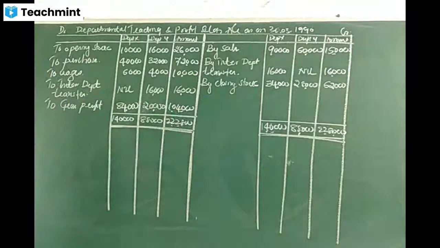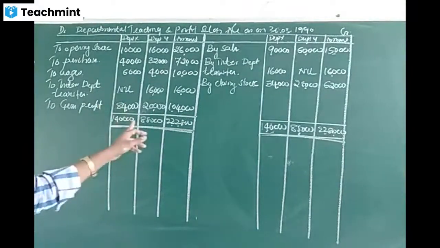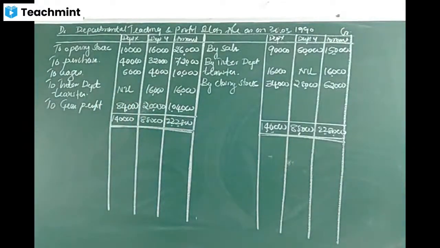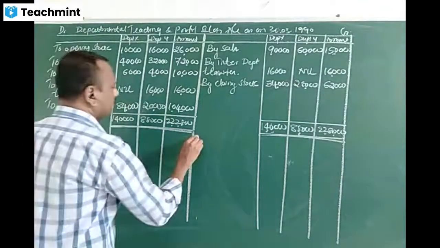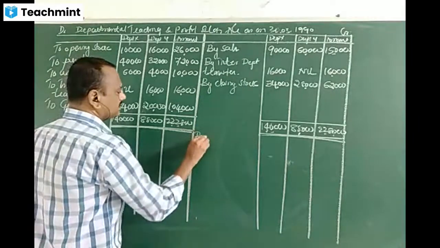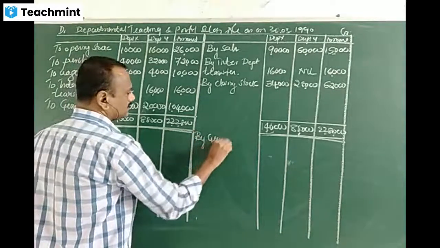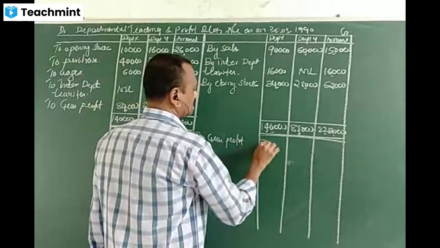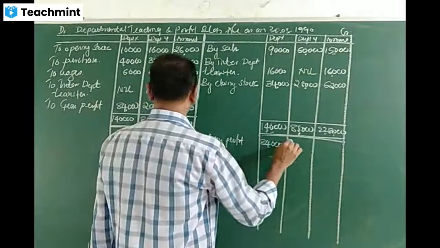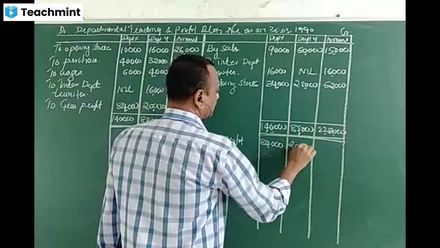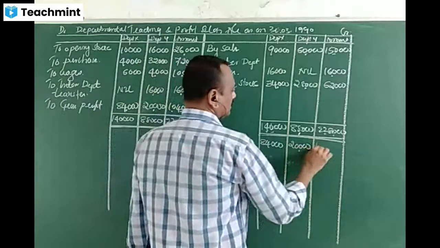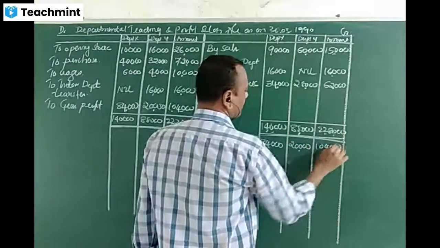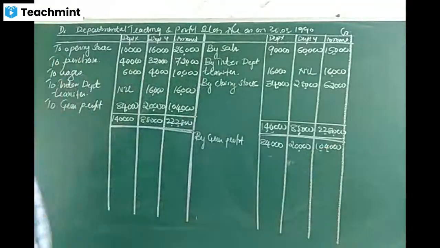Check whether it is right or not. Correct, sir. 84,000, 20,000 and 1,04,000. So after that we have to carry forward the gross profit: 84,000, 20,000, total will become 1,04,000.